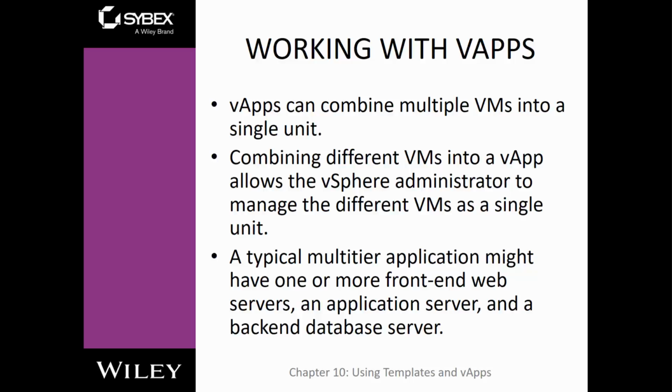A typical multi-tiered application might have one upfront web server, an application server, and a backend server, a collection of services that make up a specific unit or a specific application. For example, my business has a front-end web server that's tied to a database.